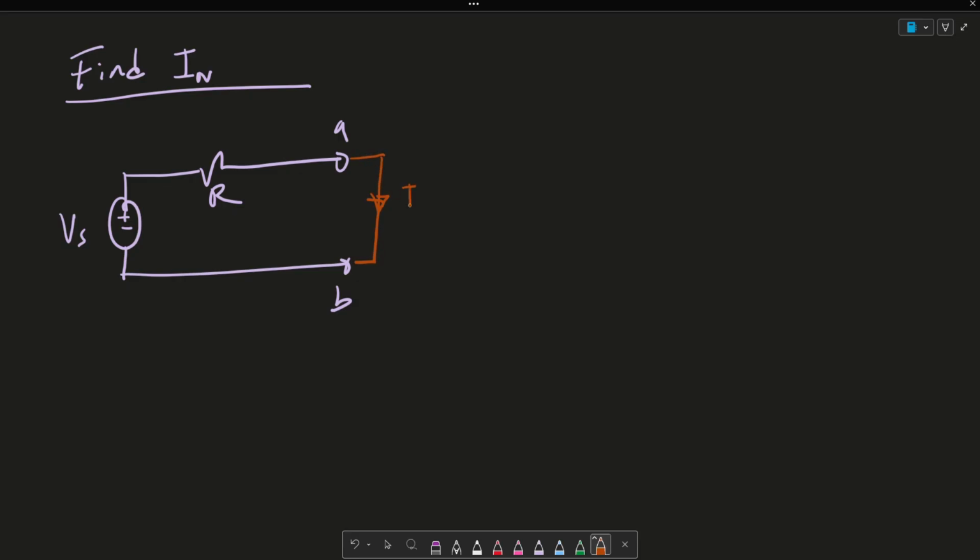We call this I short circuit. We can write a simple equation: minus VS plus R times I short circuit equals 0. So simply put, I short circuit is equal to VS over R, which is equal to IN.